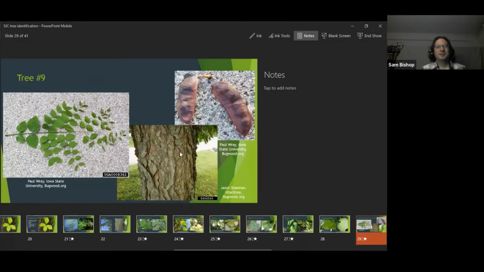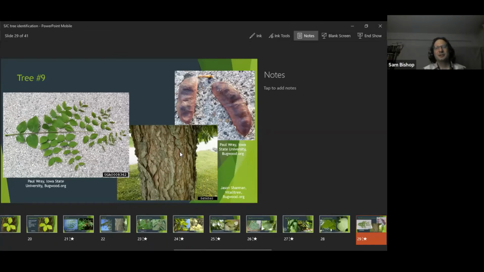Okay, tree number 9. And remember I said that sometimes leaves will be tricky with that pinnate and bipinnate thing. Looking at the leaves on the left there, you can see that the first 2 leaflets are pinnate, and then the leaf turns bipinnate. And we've got some of those stubby, flattened brown pods.